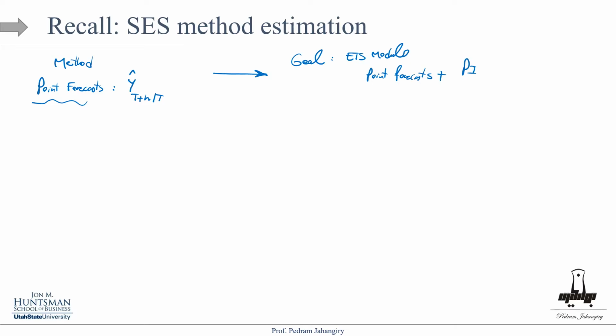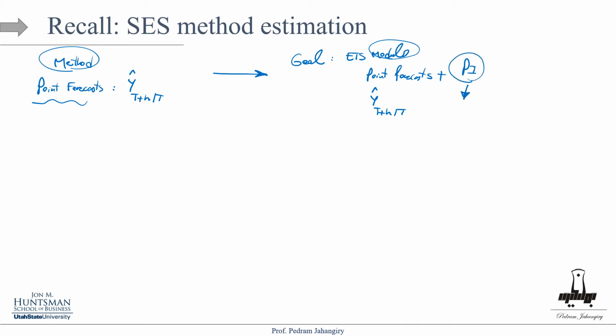This is the difference between our methods and models, right? It's going to give us the same point forecast, exactly the same. You're going to see in Python that whether you use exponential smoothing methods or ETS models, the point forecasts are exactly the same. And then plus, this is a new part.